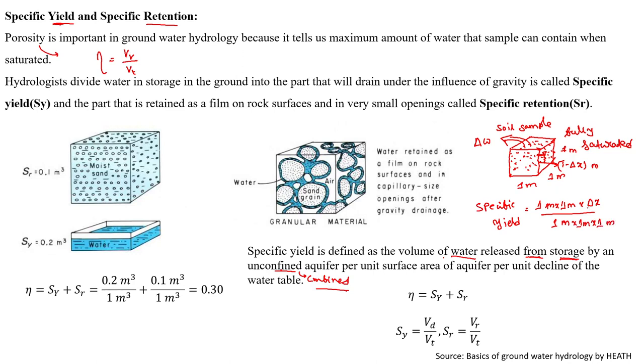Why have I used delta x? Because this much water only we have taken out from the 1 meter by 1 meter by 1 meter aquifer. In this way we can calculate the specific yield. Am I clear?